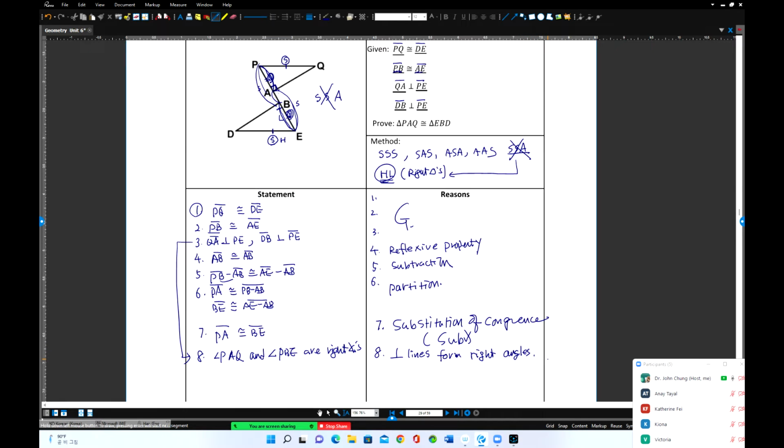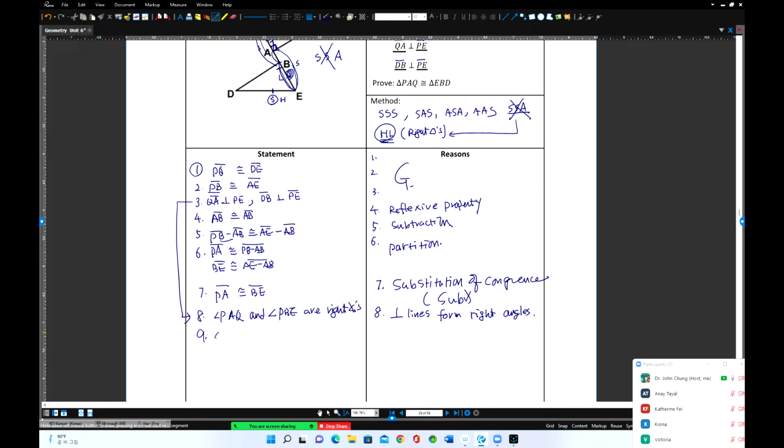Now we can say triangle APQ, because we're going to go HL, right? APQ and triangle BED are right triangles. I'm going to write it.